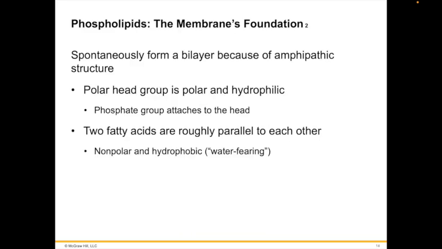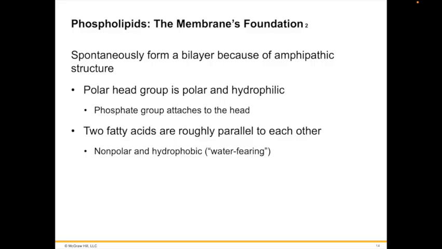A lipid bilayer is stable because water's affinity for hydrogen bonding never stops. Just as surface tension holds a soap bubble together, even though it's made of a liquid, so hydrogen bonding of water holds a membrane together.